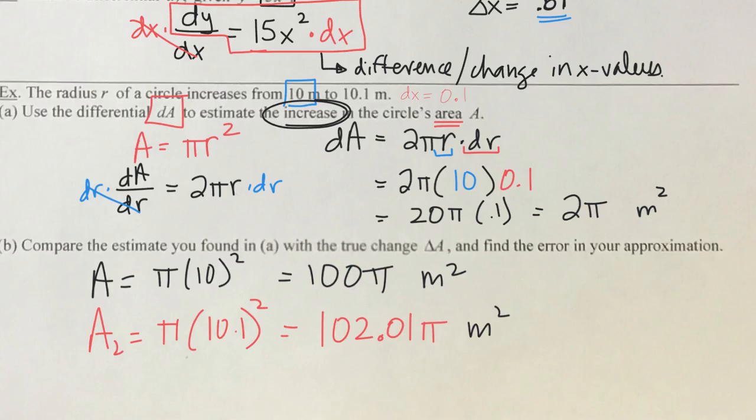Okay, so from 100 to 102.01 pi, well, that's pretty much exactly 2 pi. So pretty close to the approximation, right? And the smaller your delta x, the better the approximation is going to be. Okay, so remember, delta x is the change in your x value, the change of your independent variable. In this case, the independent variable is the radius that we're doing.